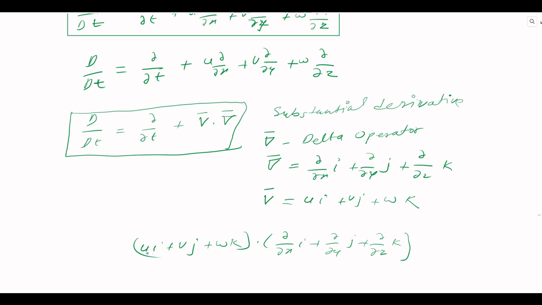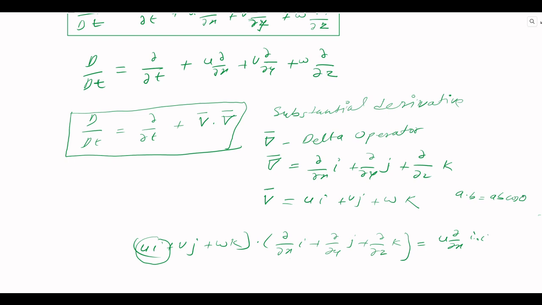When u i is multiplied with this, only u into partial by partial x remains, because i dot i is 1. We know a dot b equals ab cos theta.